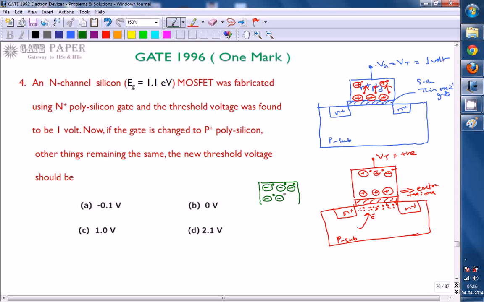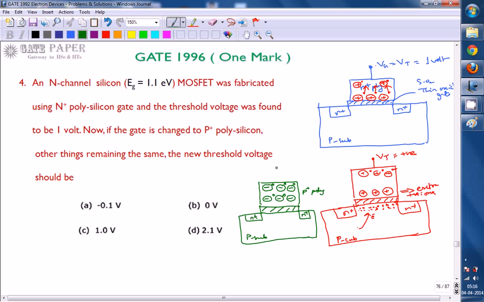This is the representation of P plus poly. This P plus poly is on the SiO2 layer, and below that is the P-type substrate. Everything remains the same. The only change is that the gate material is now replaced with P plus poly. This is also N plus, and this is also N plus.